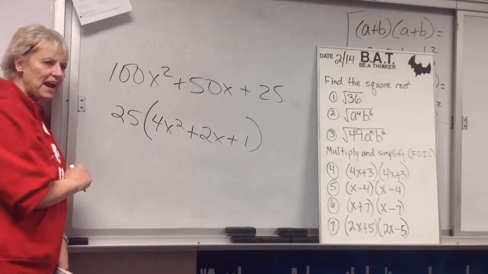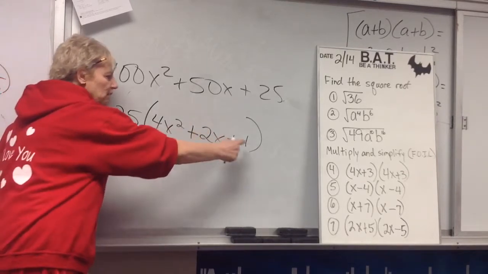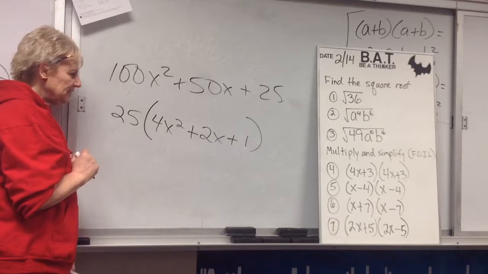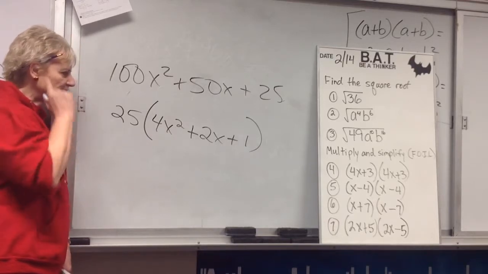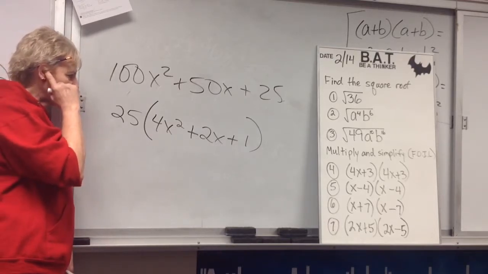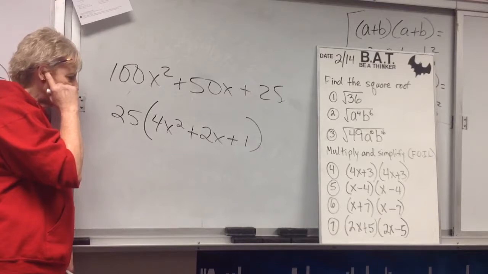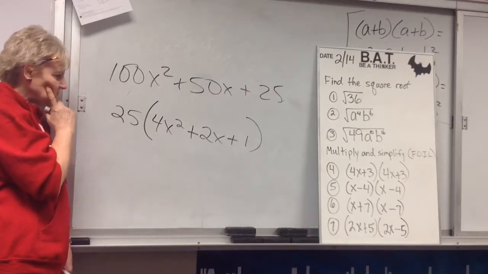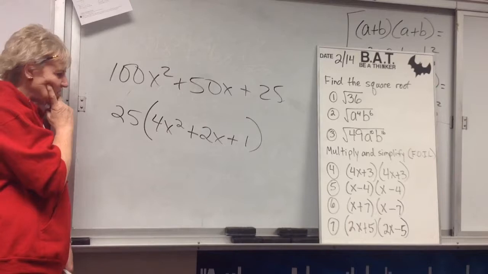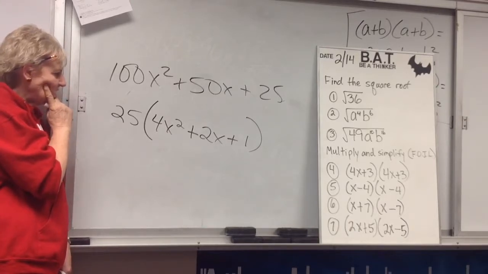Now let's see if we can factor this. What are factors of 4 that give us, oh, it is a perfect square trinomial. 2 times 1 doubled. 2x. No, it's not. Let's factor it.